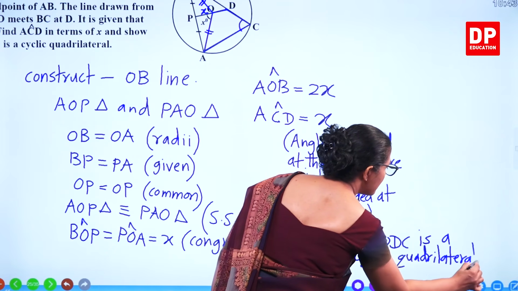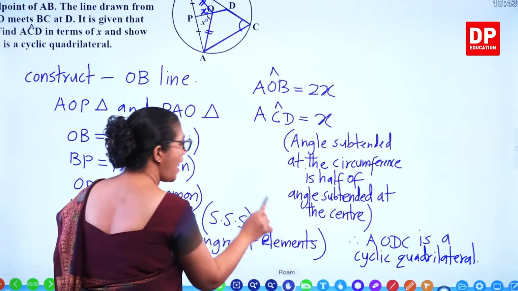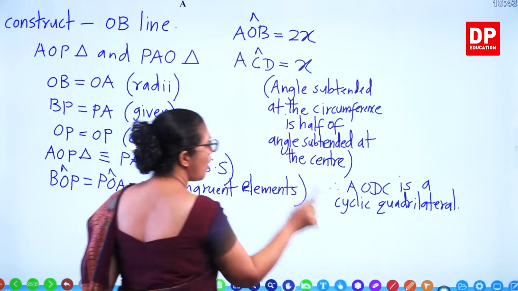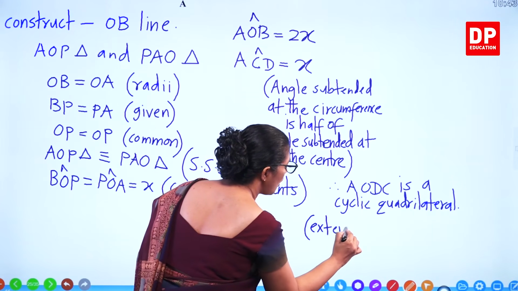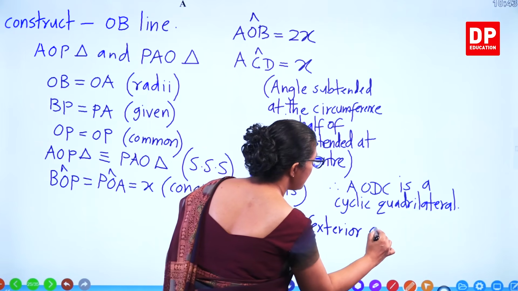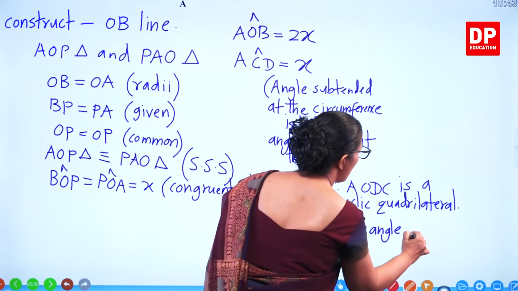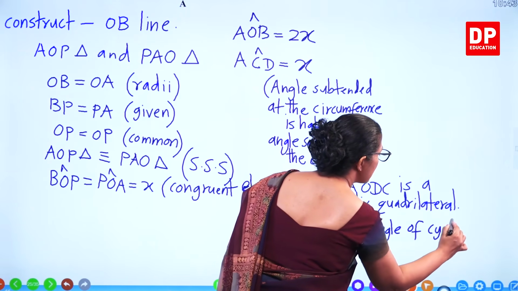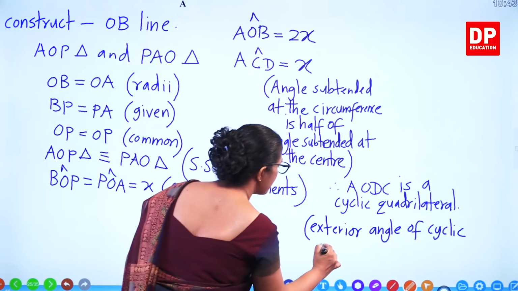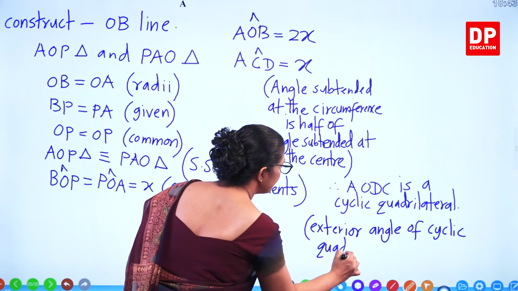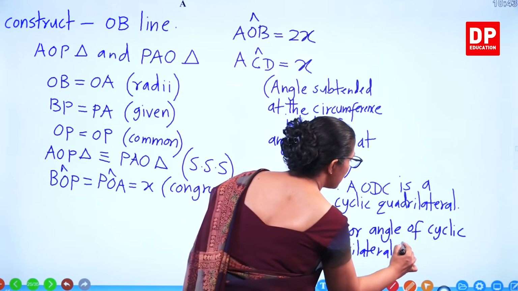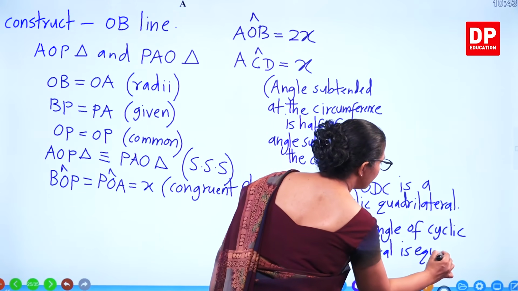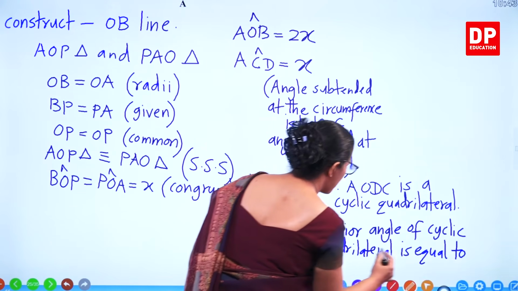What's the reason? The exterior angle of a cyclic quadrilateral is equal to the opposite interior angle.